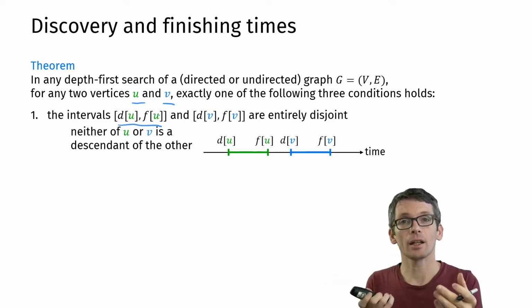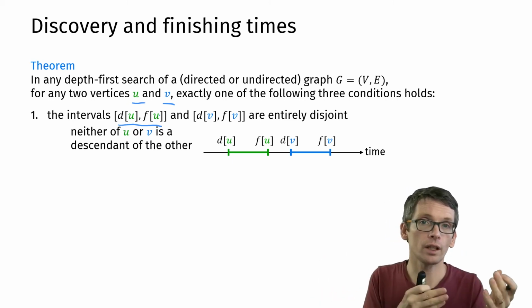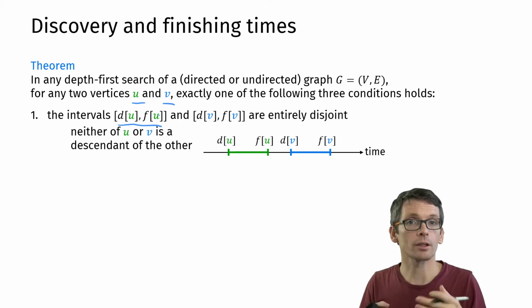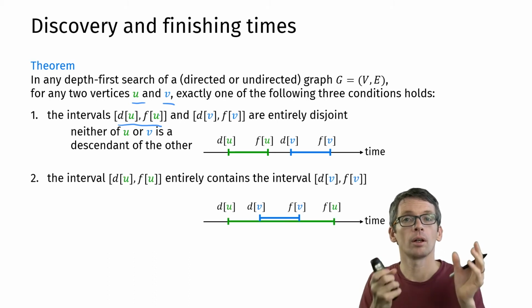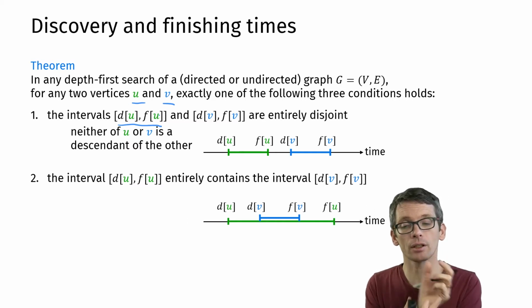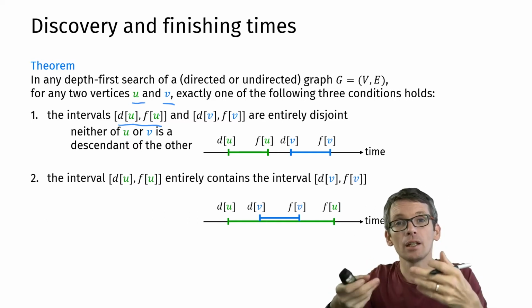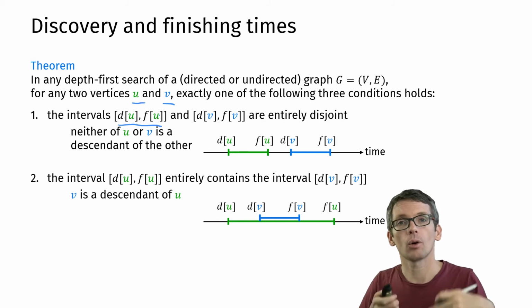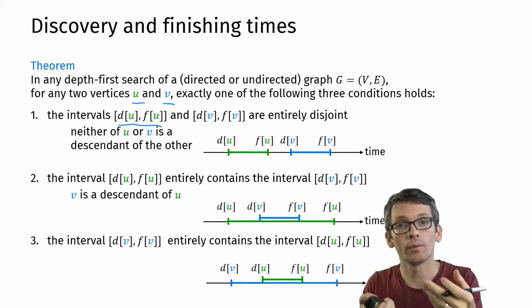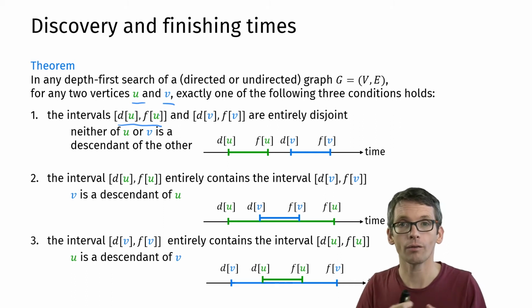In that case, neither u is a descendant of v nor v is a descendant of u in terms of the depth first forest. Or I have the interval for v inside of the interval of u. In that case, v is a descendant of u, or vice versa, the interval of u is inside the interval of v, then u is a descendant of v.